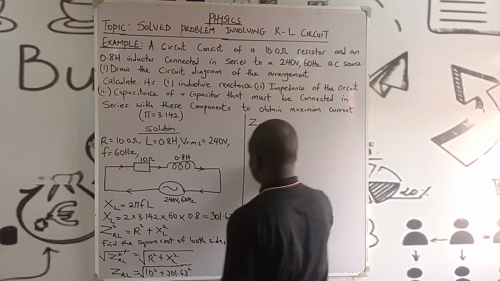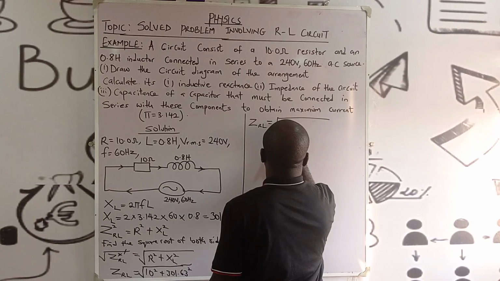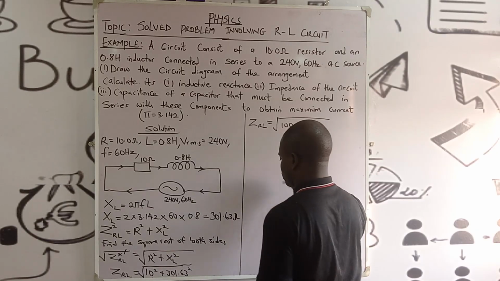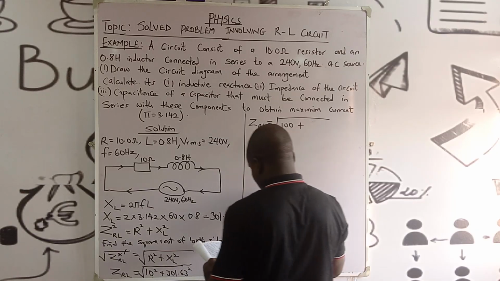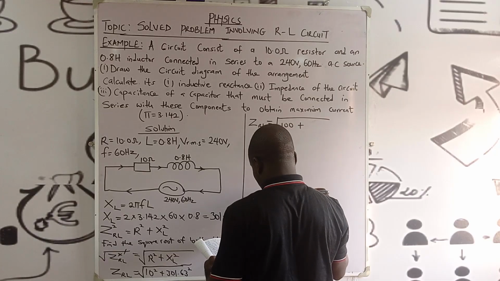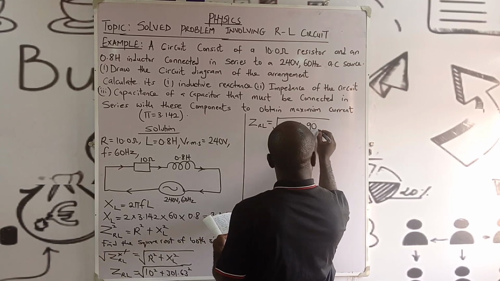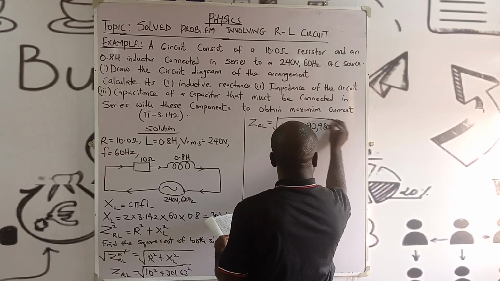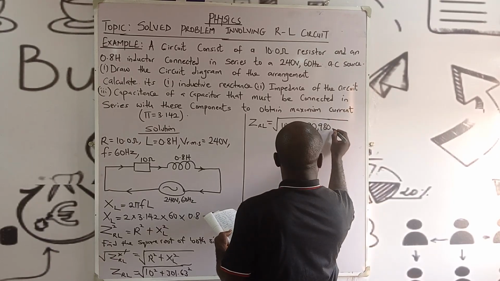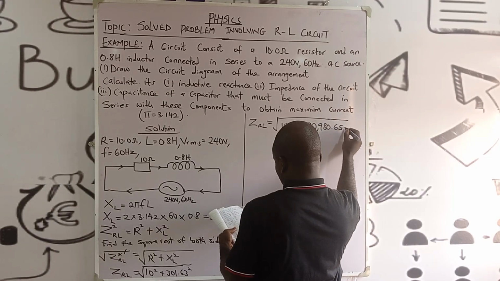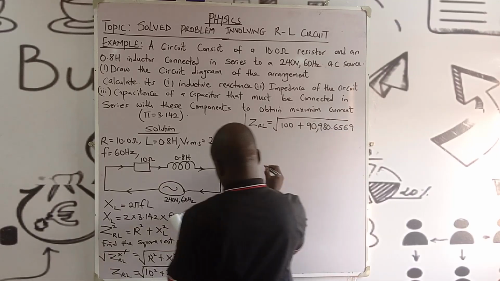ZRL equals the square root of 10 squared plus 301.63 squared. When you press your calculator, you have 90,980.6569.